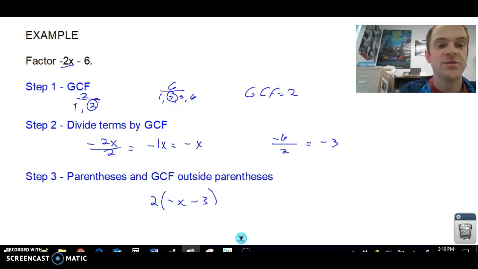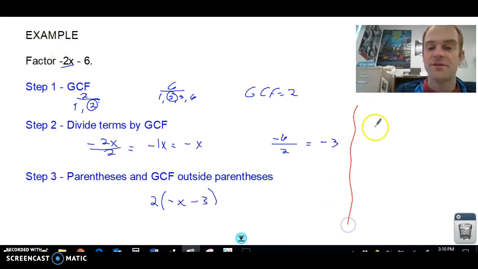Now I can check this. If I do this backwards and expand this expression, I should get back to where I started. So here in red, I'm doing a check: 2 times the expression negative x minus 3.